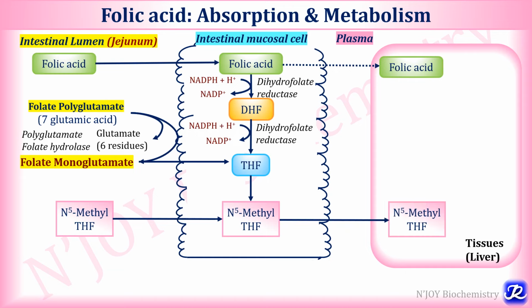Then the choline and betaine metabolism is involved in the formation of N5-methyl tetrahydrofolate. And this N5-methyl tetrahydrofolate is the predominant form of tetrahydrofolate in the circulation. And further, this N5-methyl tetrahydrofolate is converted to tetrahydrofolate, which involves the formation of methionine from homocysteine, which requires vitamin B12.